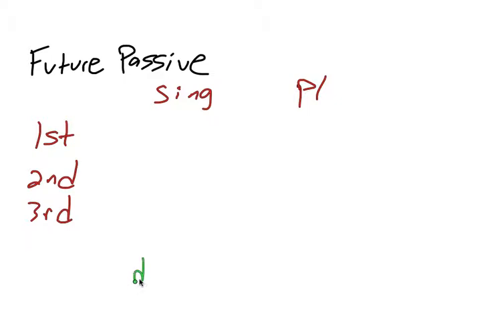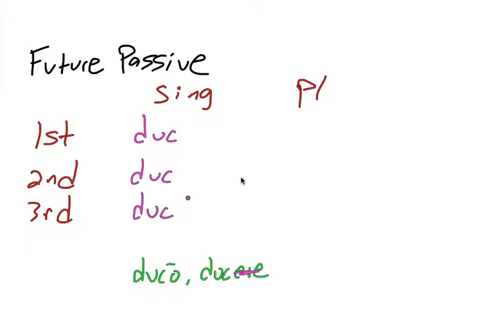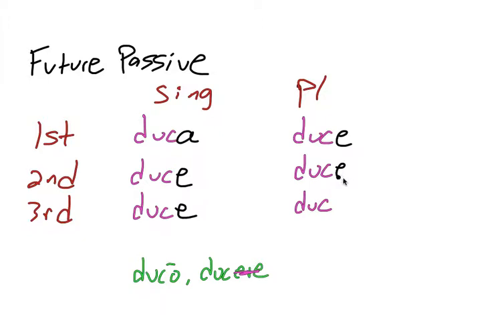And again, our model verb is duco, ducere. Okay, we're going to take off the whole ere, and we're going to have our consonant stem. Okay, and then we're going to add A for first person singular and E for the rest of the conjugation.